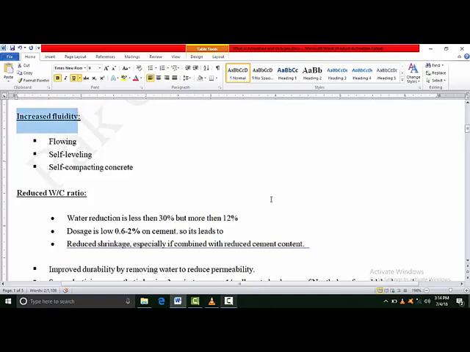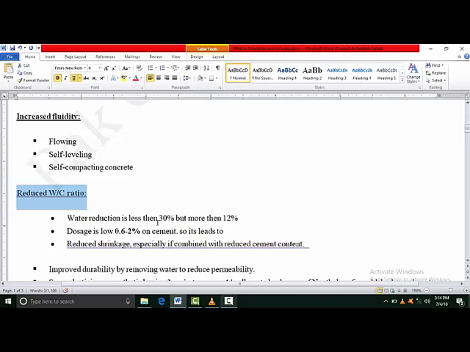Reduced water cement ratio is obviously something we have already understood: due to the use of plasticizer, water reducing agent, or super plasticizer, high range water reducing agent, the water cement ratio decreases, okay. So how much water is reduced by using super plasticizer?